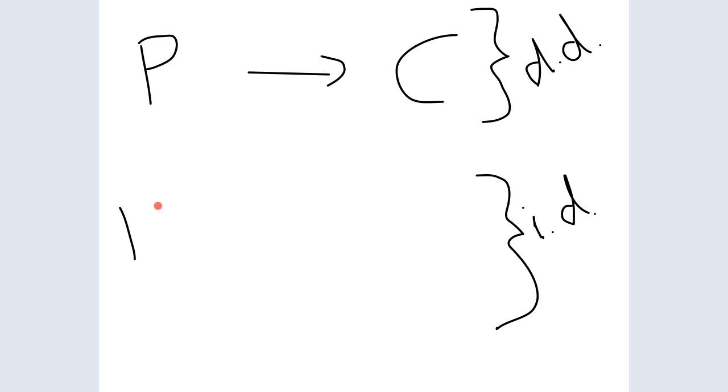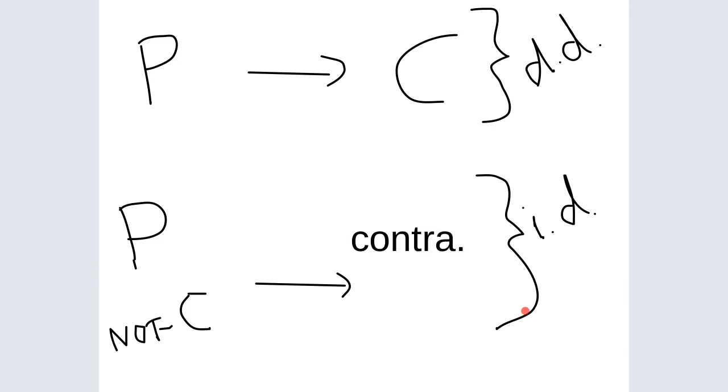You take your premise, and then you assume the reverse of your conclusion, the not-conclusion, whatever the conclusion would be. And then instead of trying to obtain the conclusion, what you try to obtain is a contrapiction.